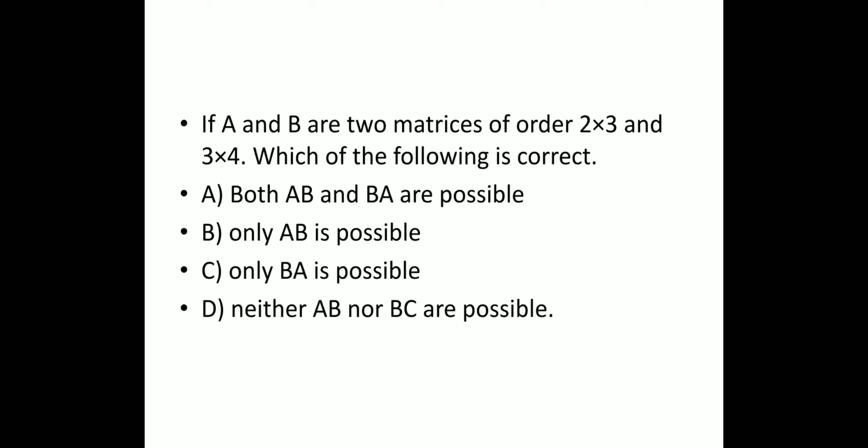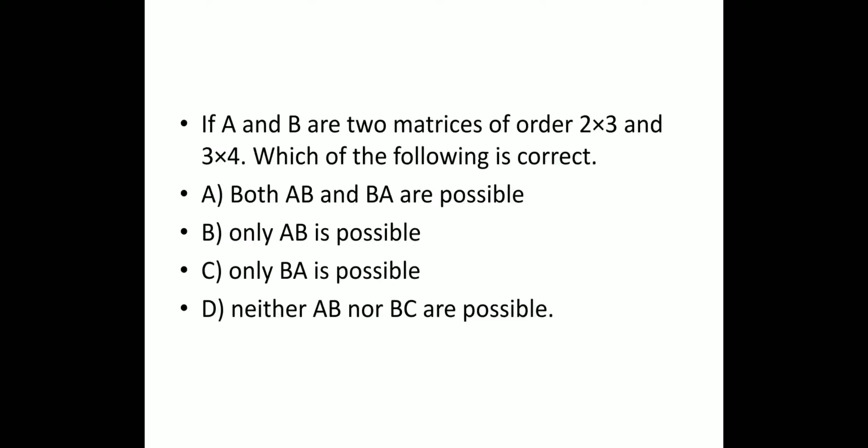So BA is not possible. So option C is wrong, option A is wrong, and option D is also wrong because AB is possible, but here I wrote BC, and actually it will be BA. So the correct option is only AB is possible.